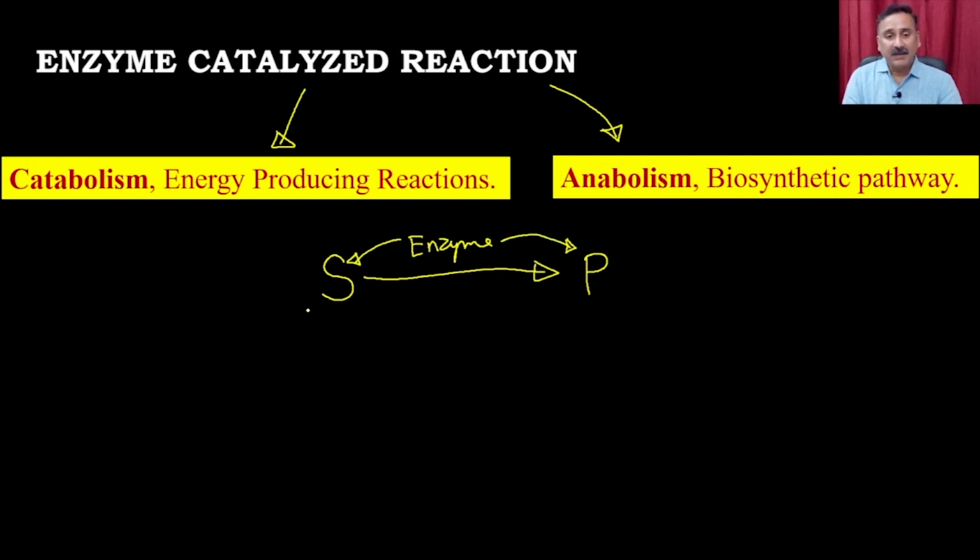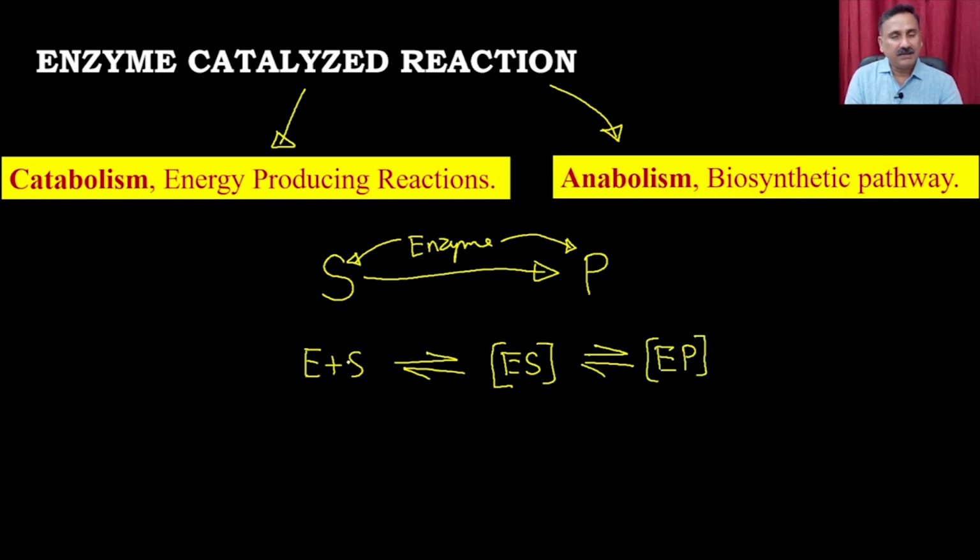Now, when this enzyme substrate interaction occurs, it changes many things in the enzyme and substrate. The first thing that happens is that when the enzyme interacts with the substrate, if you write this reaction, it is going to form the enzyme substrate complex. Then this enzyme substrate complex is going to be converted into the enzyme product complex.